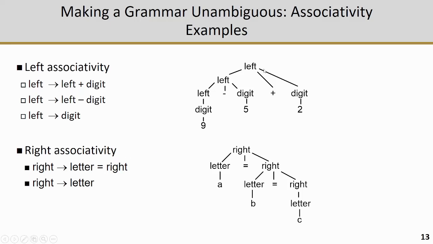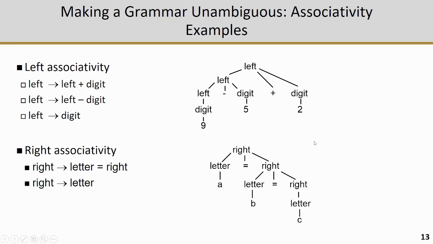And the resultant syntax trees look like this: in the case of left associativity, the left branch is extended further and further with the length of a series of left associative operators, while in the case of right associative operators, the right branch of the tree is extended further and further.